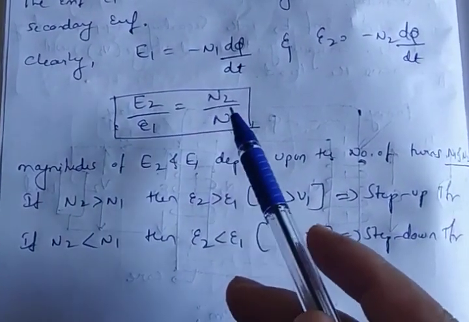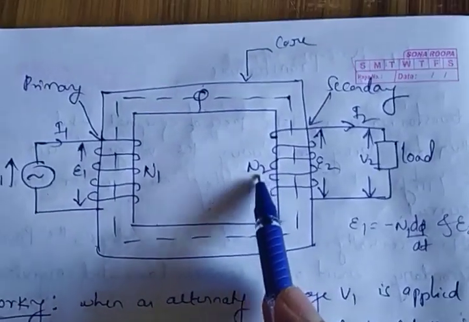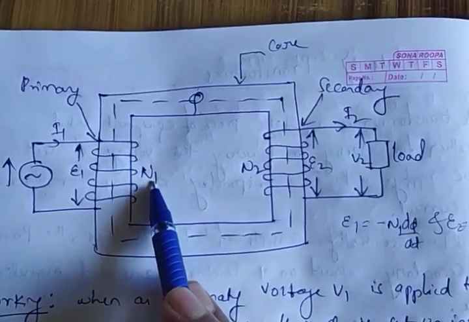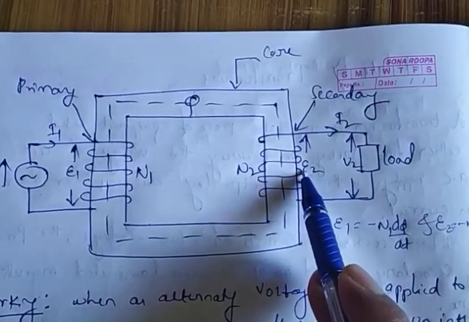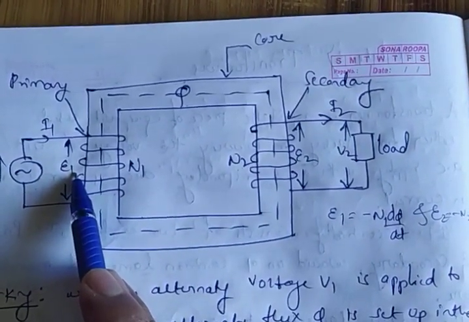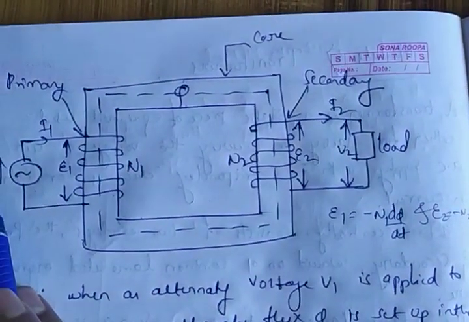As you all know, if N2 is greater than N1, meaning the number of turns in the secondary is greater than in the primary, then the induced EMF in the secondary E2 is also greater than the induced EMF of the primary, or you can say the secondary voltage is greater than the primary voltage.